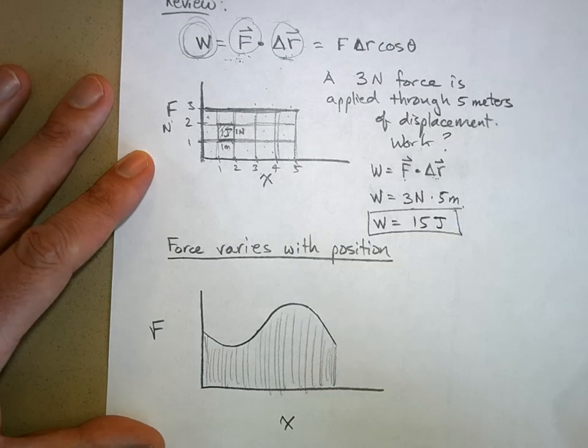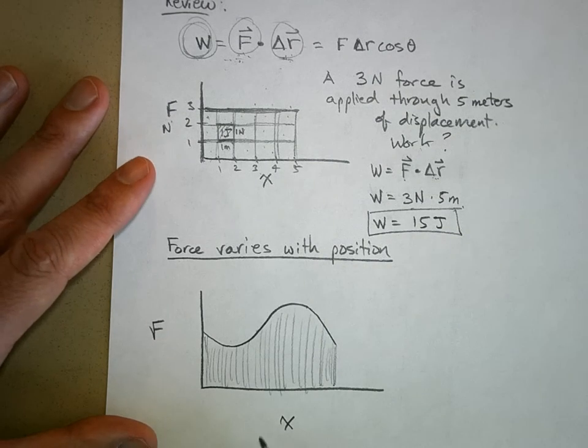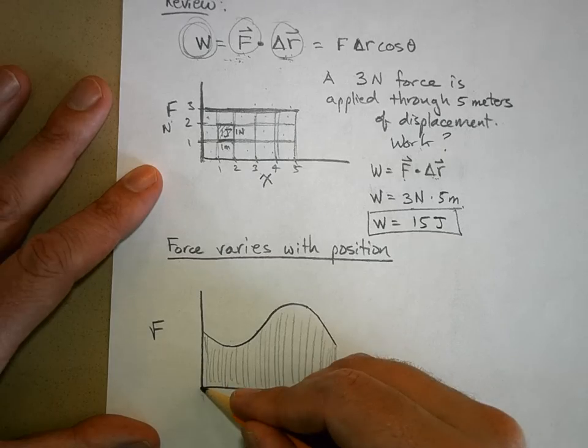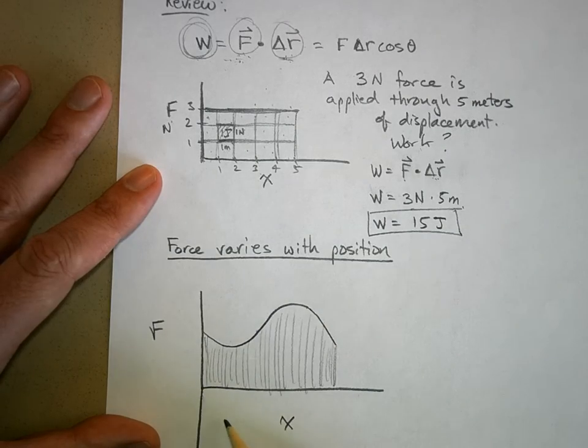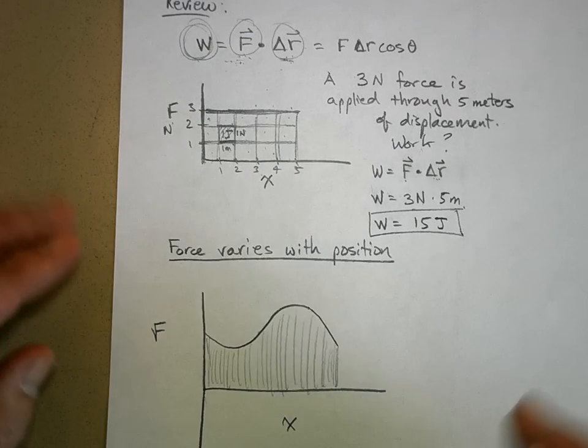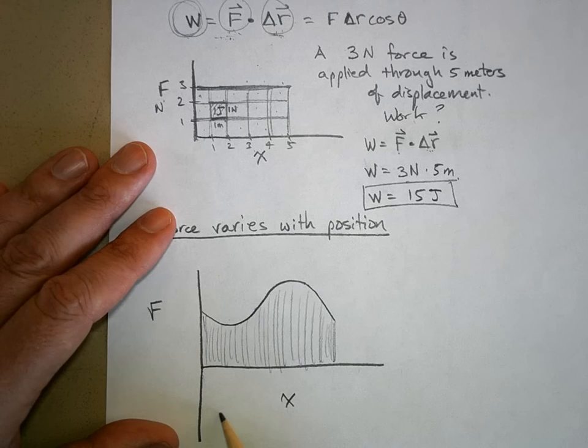Now, by the way, if it's negative work, like if the position is positive and the force is negative, then obviously it's the area under the graph, you have to put under in quotes. It would be the area from the function to the horizontal axis.